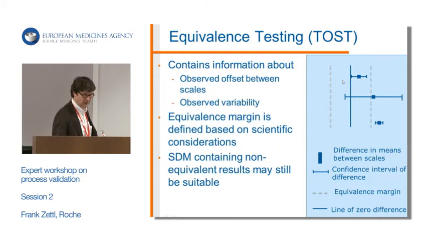And whenever both the confidence interval and the offset are within the equivalence margin, then we say the scale-down model is equivalent.